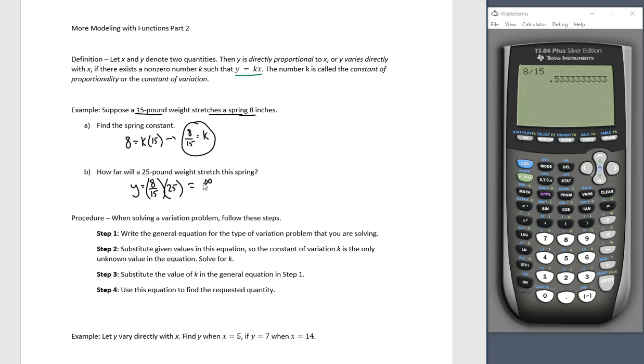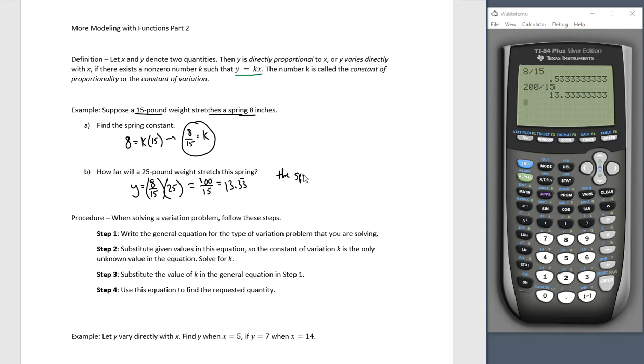I know that it's 200 because 8 quarters is $2. 200 divided by 15, this is not going to be pretty. We're going to have repeats again, but this one we kind of understand. The 0.5333 is a little weird, but 13.33, just threes, that's no problem. We know that's a third, right?